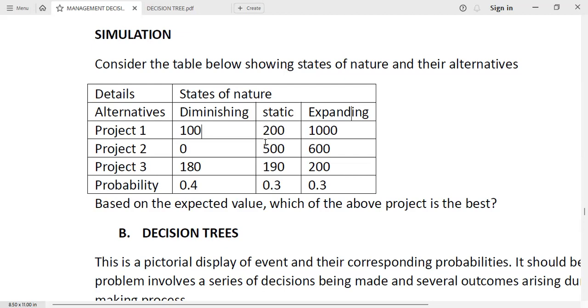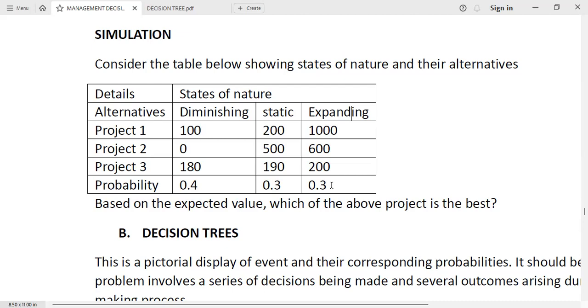Then they have given us the probability for diminishing as 0.4, static is 0.3, and expanding is 0.3. One of the key things that you need to note here is that you may find that in some exams they have not given you the probability for one of these. What you have to know is that probabilities always sum to 1. When you sum them up, they give you a total of 1.